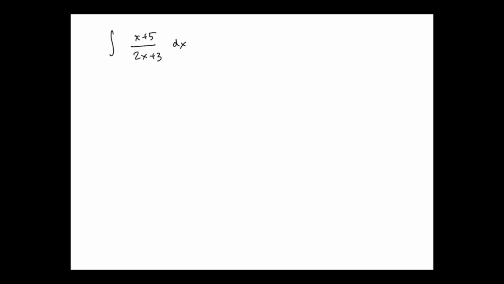Well, what does it mean to distribute in a situation like this? Doesn't. Okay. But could we break this up so that it was maybe 2 or 3 terms that we could integrate individually? Well, I could write it as x over 2x plus 3 and 5 over 2x plus 3. That doesn't really help, but what else could I do here to maybe simplify this a little bit or expand it?